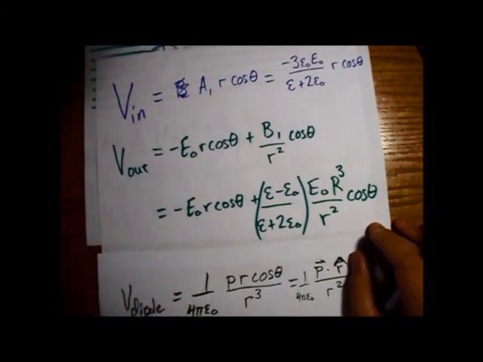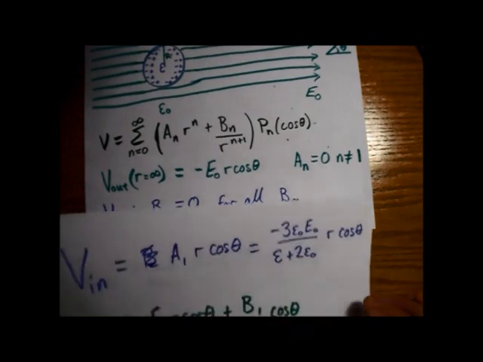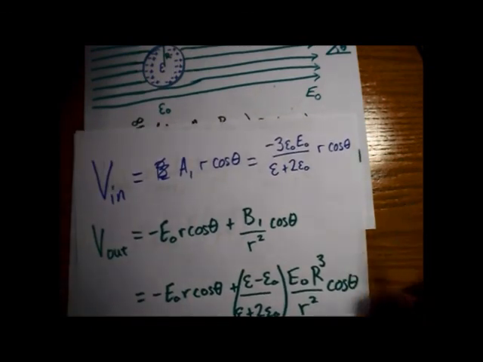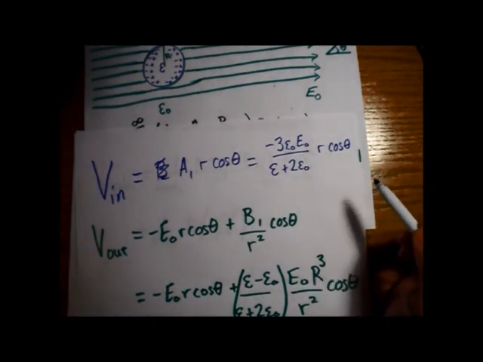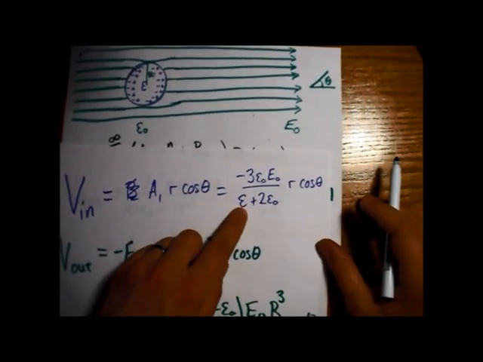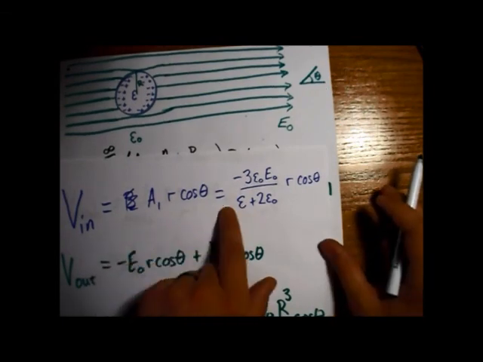By the way, before we do this real quick, we mentioned what happens in the case of the conductor. So in the case of the conductor, we're going to bring epsilon up to infinity, and basically it's on the bottom, right?